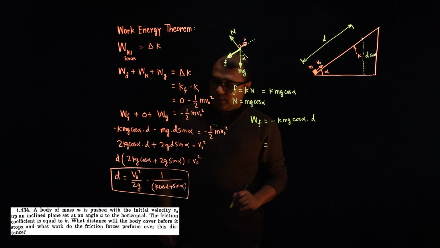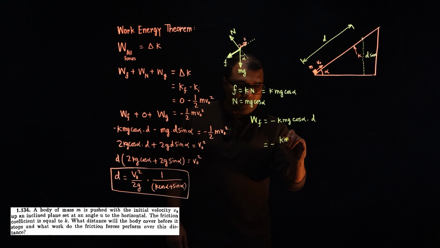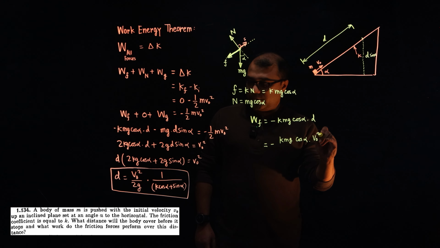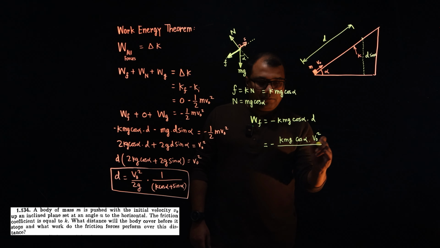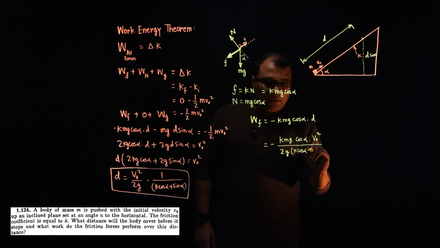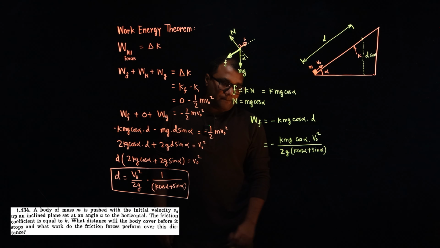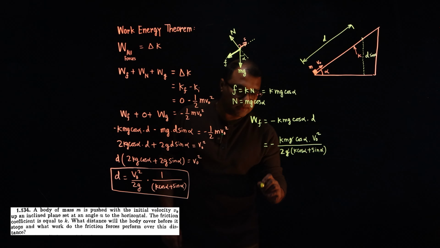So we can write minus k mg cos alpha times v0 square by 2g times 1 by (k cos alpha plus sine alpha). g we can cancel.